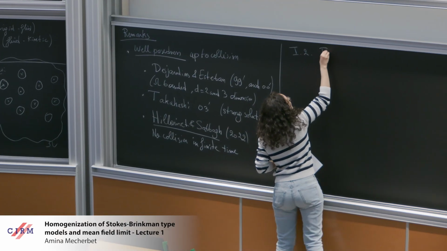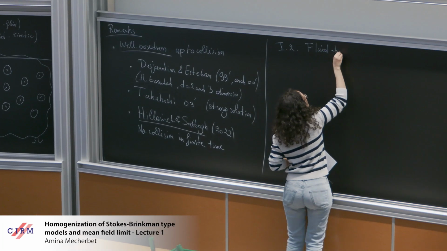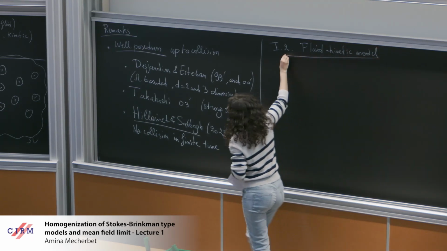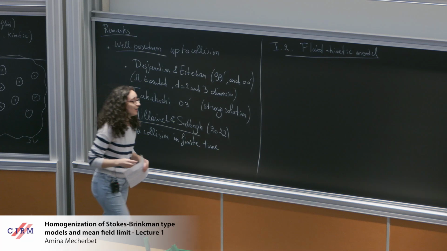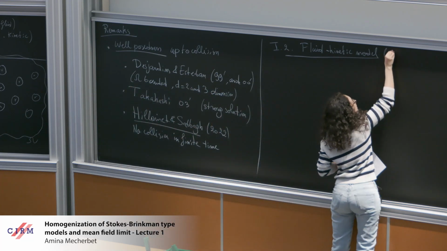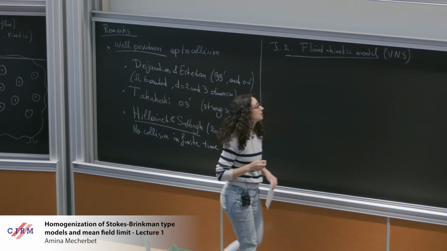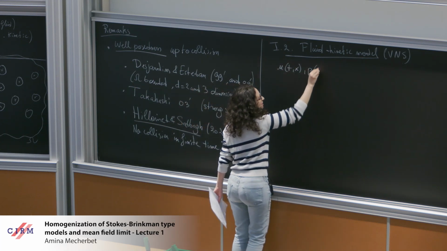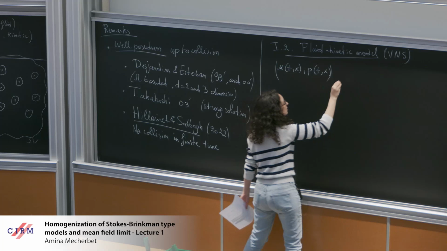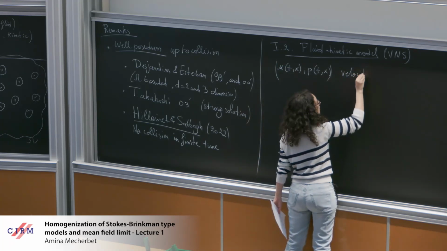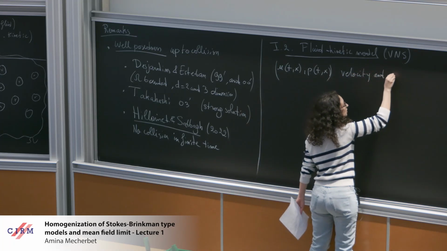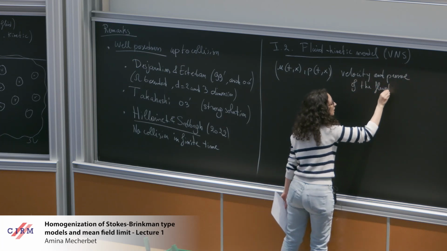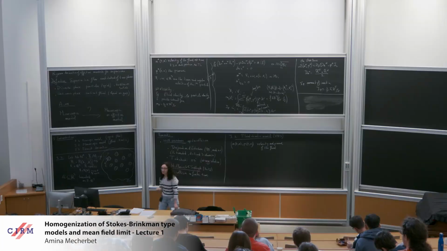So the fluid-kinetic model that we expect to get at the limit is the Vlasov-Navier-Stokes. This means that I will still describe the fluid by its velocity and pressure, whereas for the particles, I will rather describe them by a probability function.